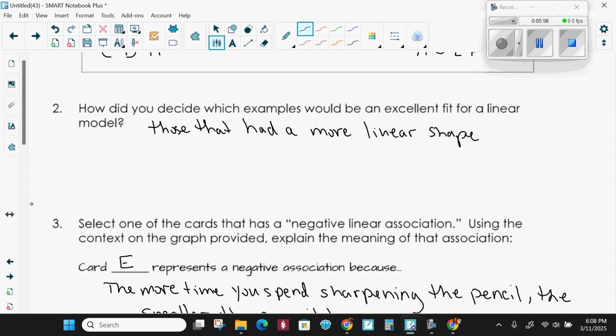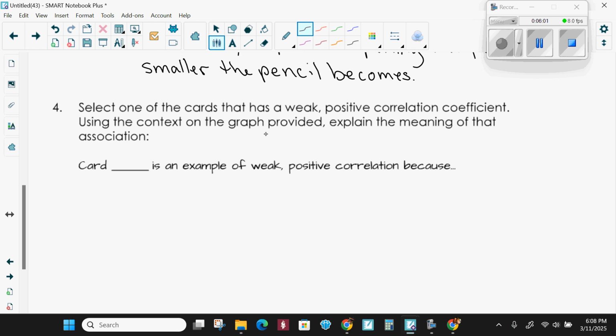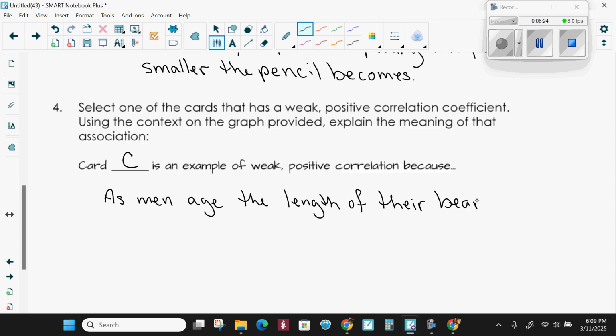So this one says, using the context, explain the meaning of that association. So we're looking at card C, and it says, as men age, the length of their beards may or may not be longer.